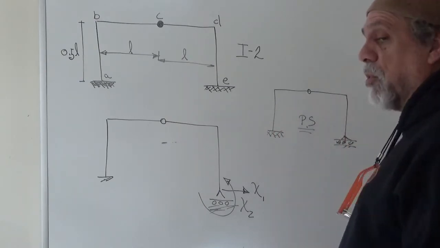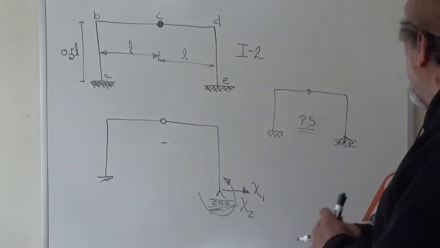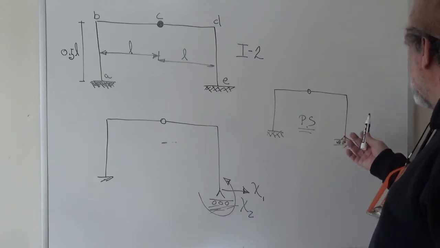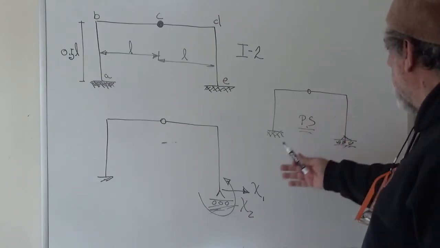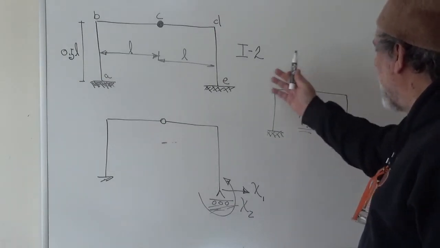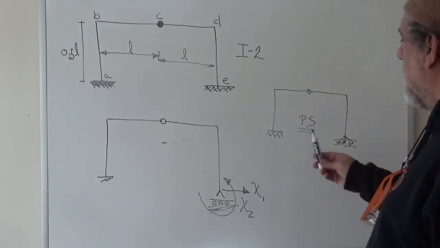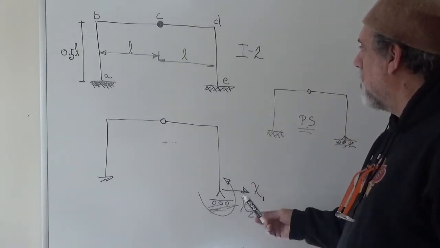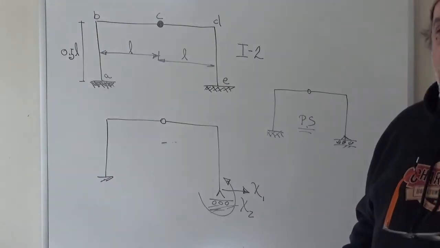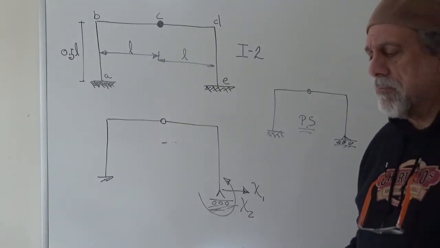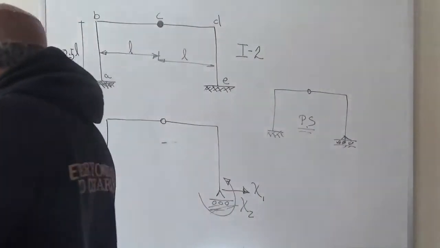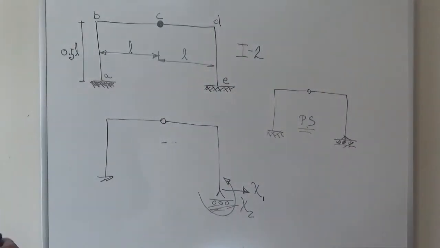And of course it must be stable. So this is our primary structure, which is what I see when I remove the redundants. That's the statically determinate basis. These are my two redundants, those are the directions, this is the problem. Of course, I haven't yet said what is the loading. So, let's say that the loading in this case that we're interested in is temperature.